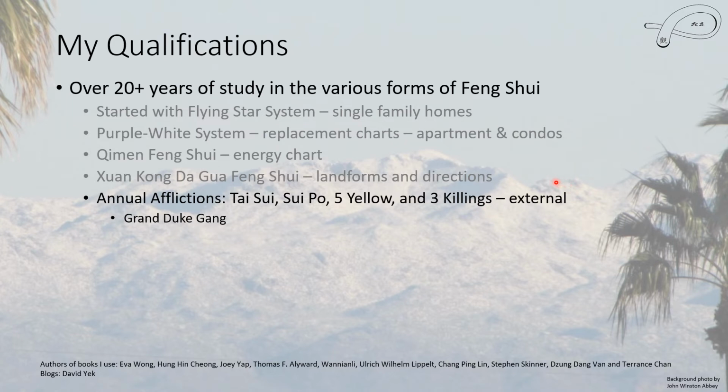Now, these are external. Well, actually, this one has to do with the annual star, but they come from the outside. It doesn't matter what direction your house faces. They occupy certain directions on the compass, and they change every year. And the best thing to do for these guys is not to disturb them. So no continuous loud noises, certainly nothing that you can actually feel the vibration.